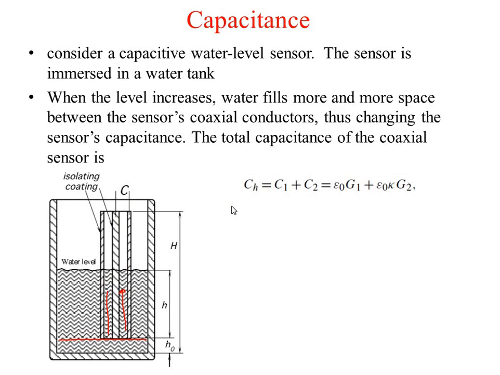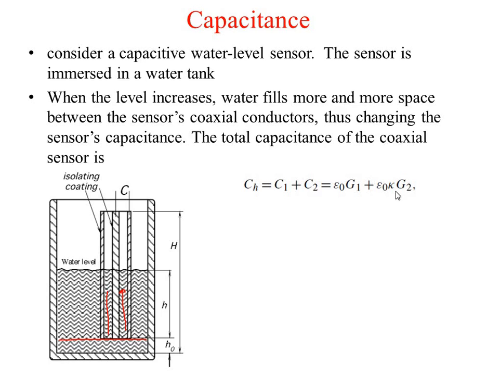That capacitance you can calculate: at a particular height h, Ch is equal to C1 plus C2. When the height changes, C1 and C2 will change, and obviously Ch will also change. That will be given by C0 into G1 plus epsilon 0 K into G2, so you can calculate C1 and C2.